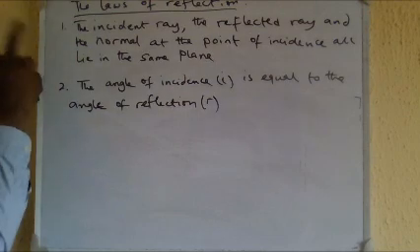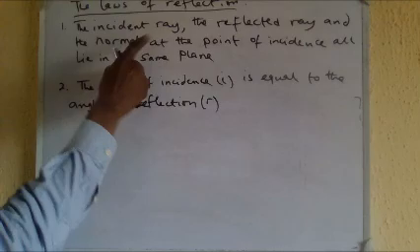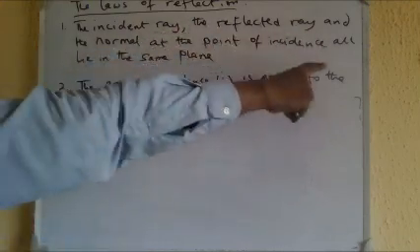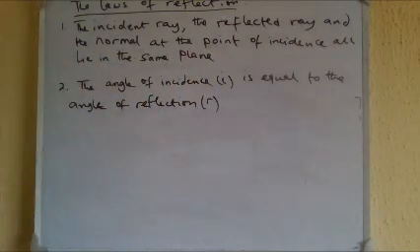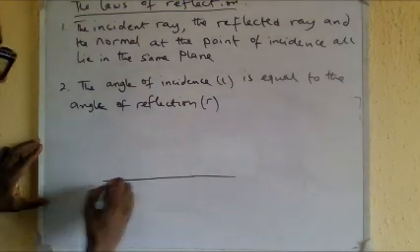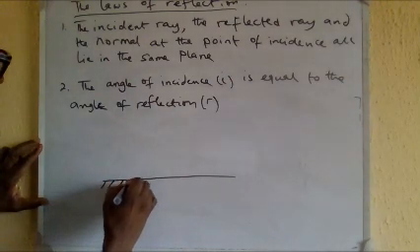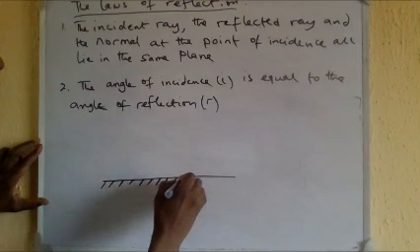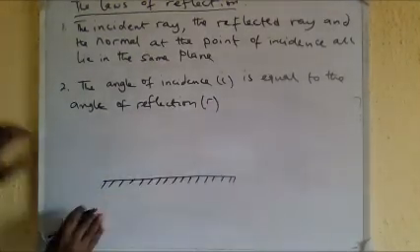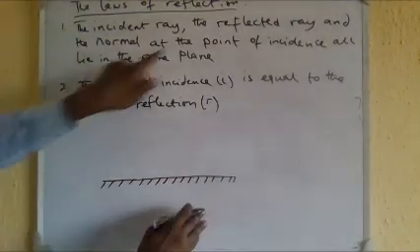It states number one, the incident ray, the reflected ray, and the normal at the point of incidence all lie on the same plane. It looks like this. This is the plane. Let me say this plane is a mirror, a glass coated with silver coating on one side. So it's a plane, all lie on the same plane.